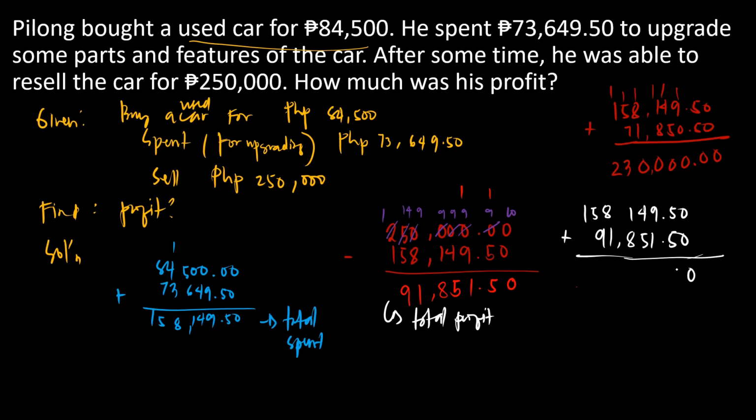Okay. 0, 10, carry 1. 1 plus 9 is 10, plus 1 is 11. Is this right, class? 1 plus 9 is 10, plus 1 is 11. Then 1 plus 4 is 5, plus 5 is 10. Okay, so 1 plus 1, still 10. This one is 15. 2. Okay, this time there is a 1.